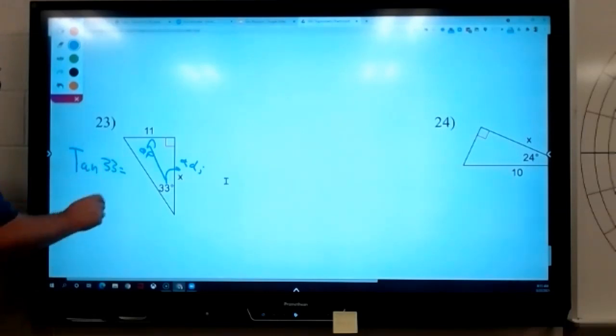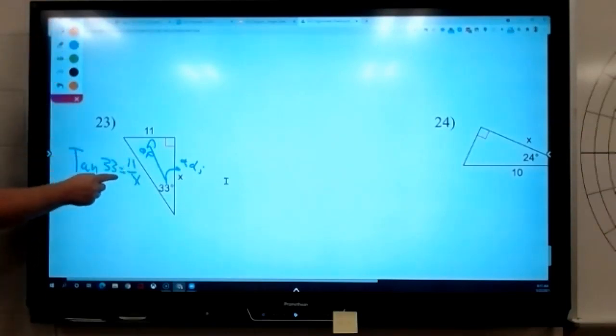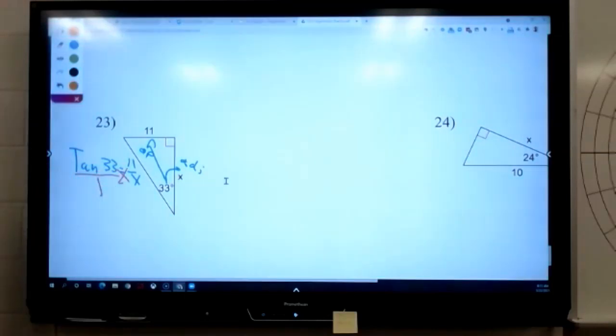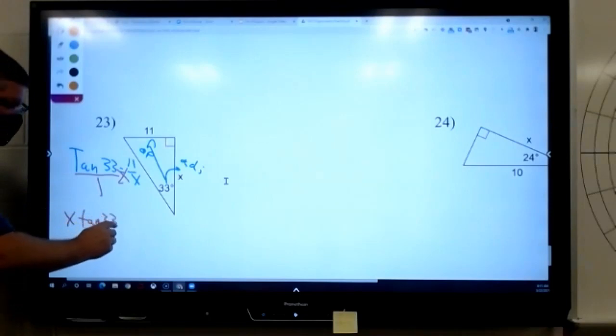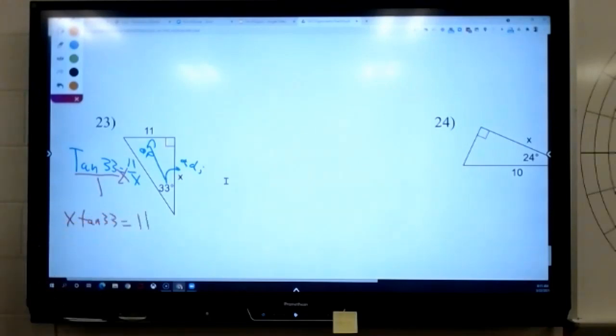She's so close. 11 over x, because the variable's on the bottom. This is why I suggest cross multiply, because will that keep everything straight for you? So in this case, x times tan 33. Focus. What's right here? All right, and now what do I do?